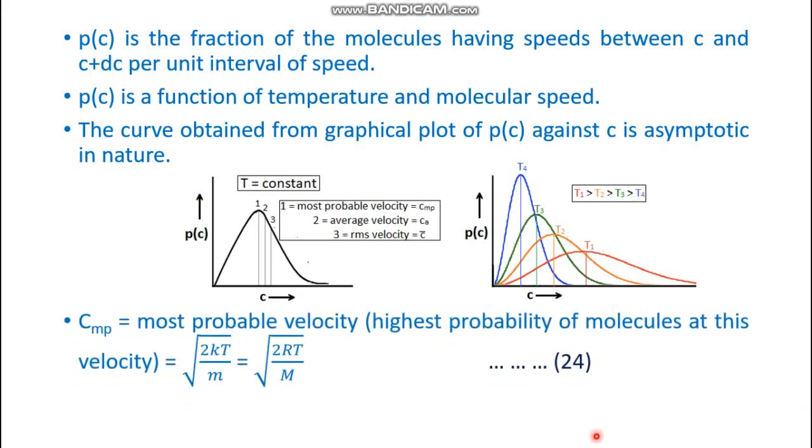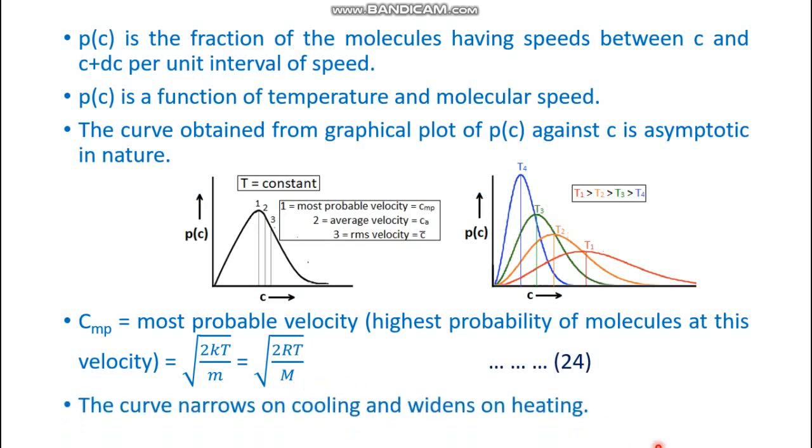And here is the expression of the most probable velocity, the third category of velocity: root over twice kT by small m, or root over twice RT by capital M, and this is denoted as equation number 24. The curve narrows on cooling and widens on heating, as I have mentioned during the discussion of this graphical presentation.